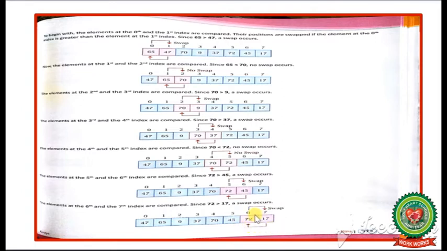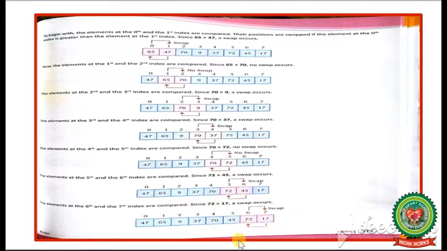Since 72 is greater than 17, again a swap will occur. This results in a list with the highest element in the last position, that is 72. So in the next pass, the second highest number is placed in the second last position, and so on. This process is repeated till the entire array is sorted.